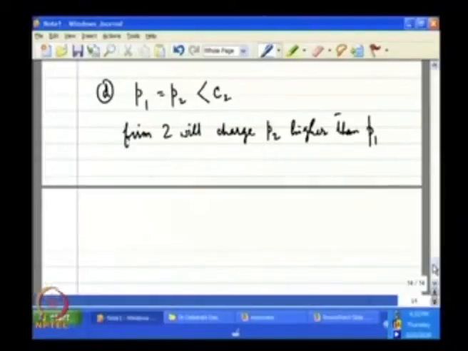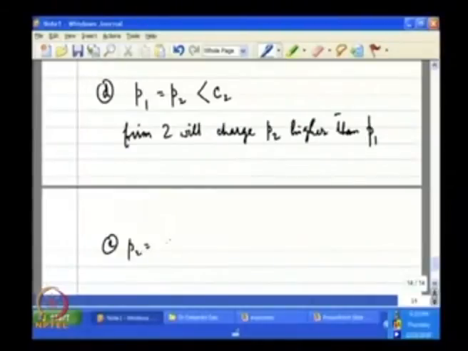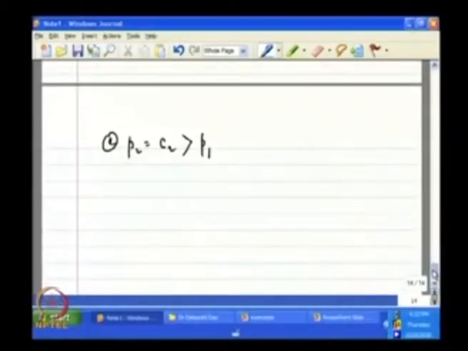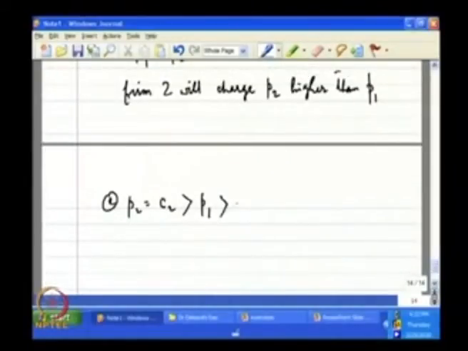In fact, we can show that there cannot be any Nash equilibrium where P2 is less than C2. But can it happen that P2 is equal to C2, and P2 is greater than P1, and suppose this P1 is greater than C1, because there cannot be any Nash equilibrium where P1 is less than C1.